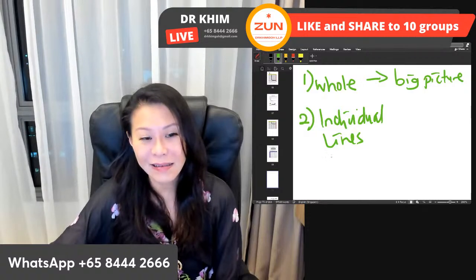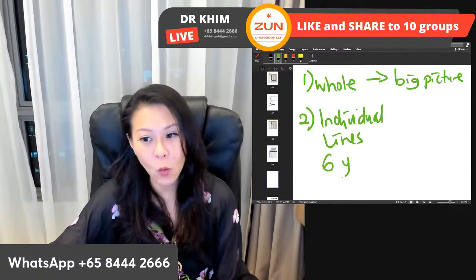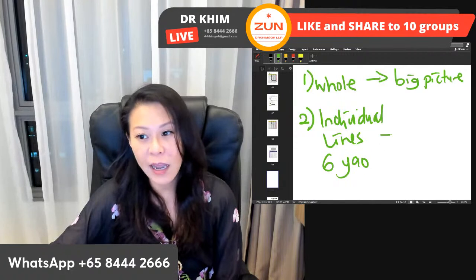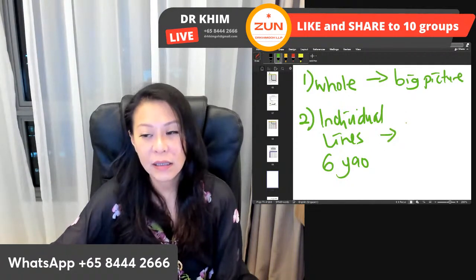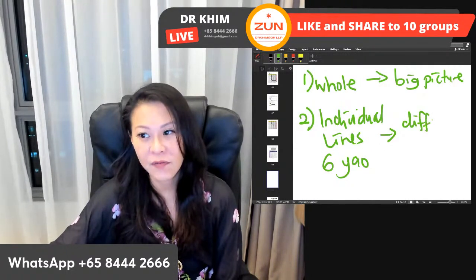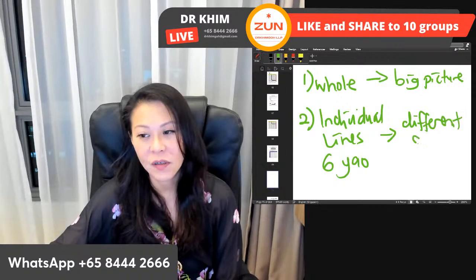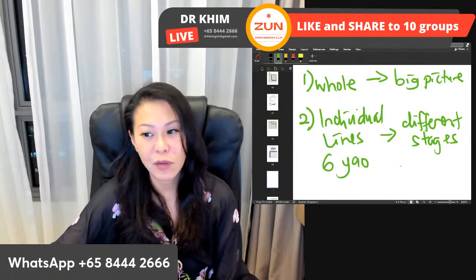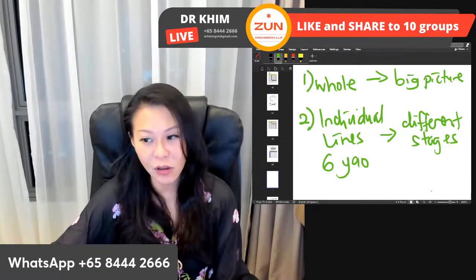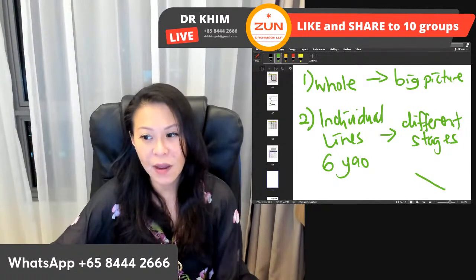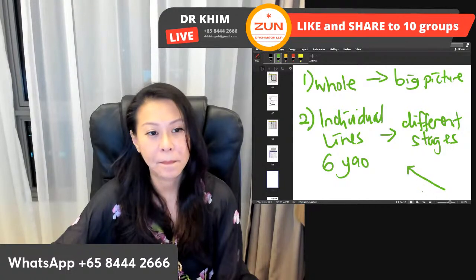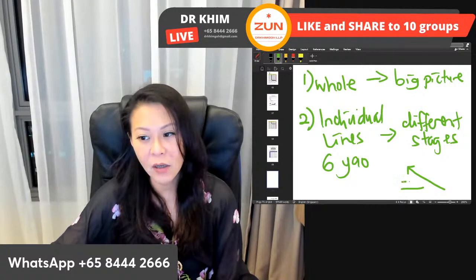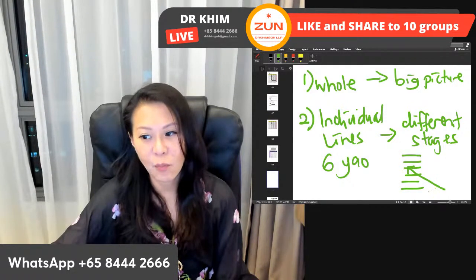The six lines, we call six yao, let you know the different stages. From the beginning, which starts at the bottom, slowly moving up: line 1, line 2, line 3, line 4, line 5, line 6.